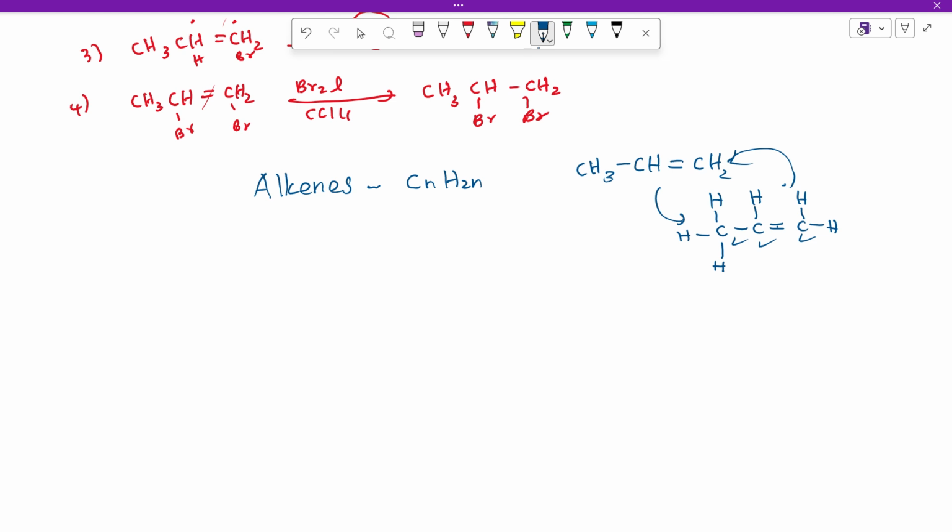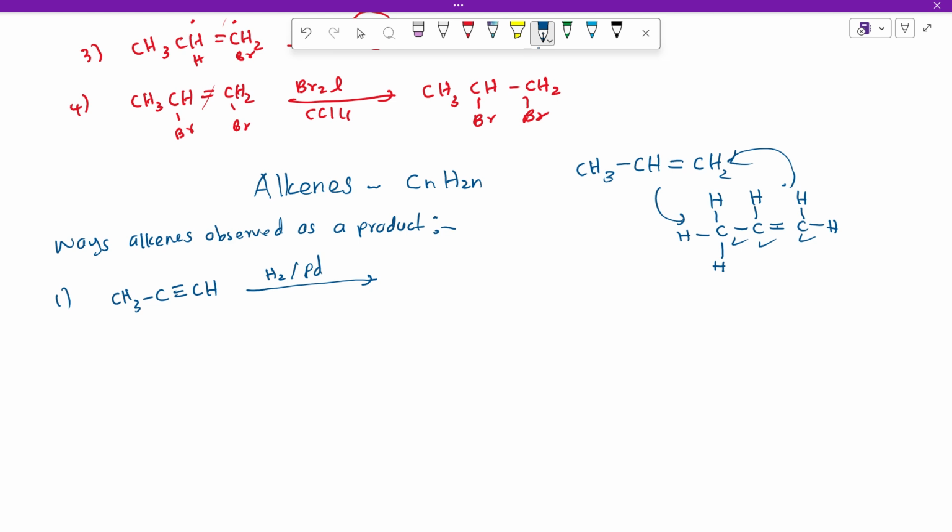Now we'll observe the ways alkene is observed as a product. Number 1, once an alkyne is reacted with hydrogen, palladium, barium sulfate and quinoline.